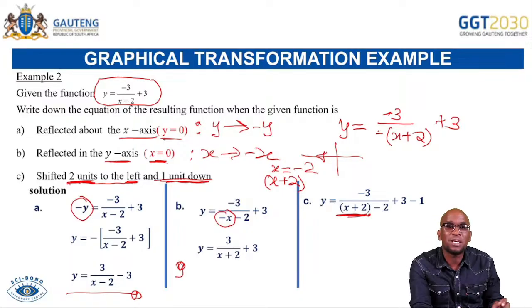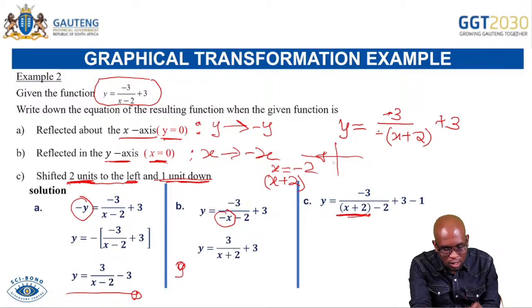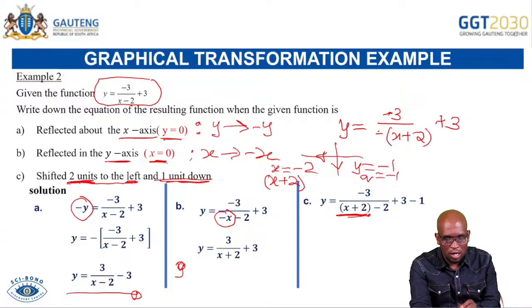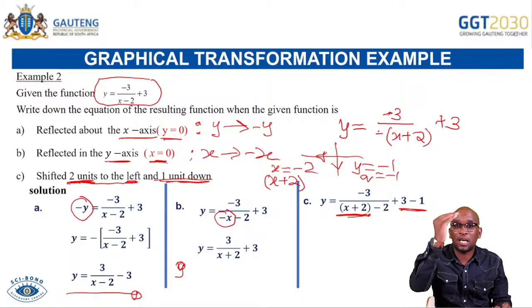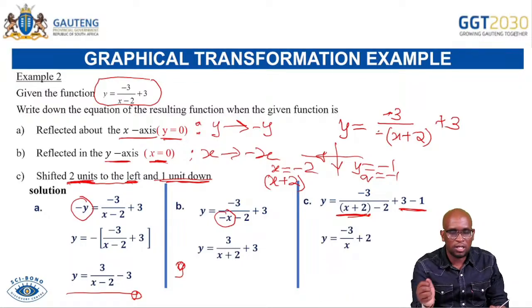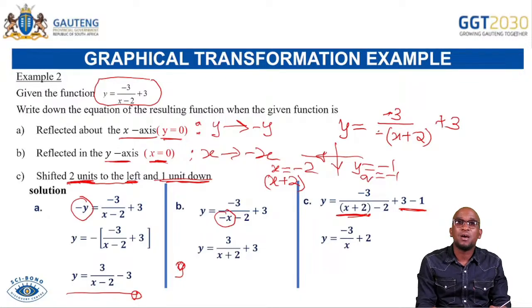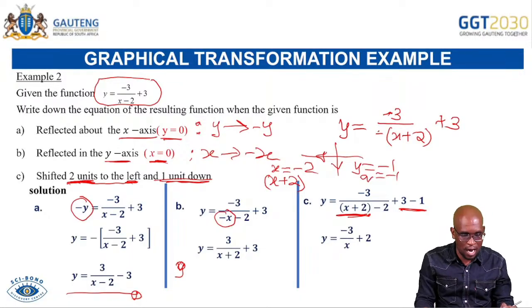That is why we replaced x with x plus 2. And then 1 unit downwards means q would be negative 1. So we move that value by 1 unit down. Simplifying, we get negative 3 over x plus 2. So that would be the solution set for that, right?